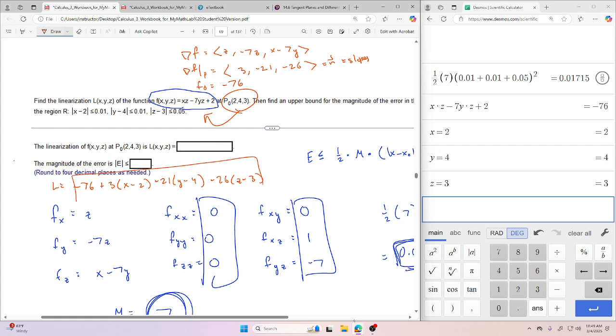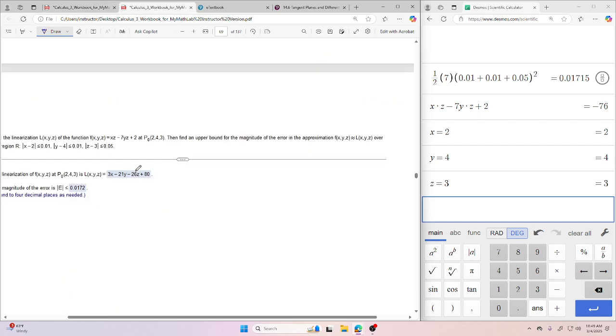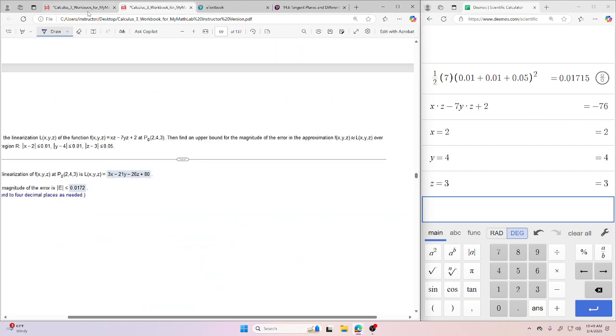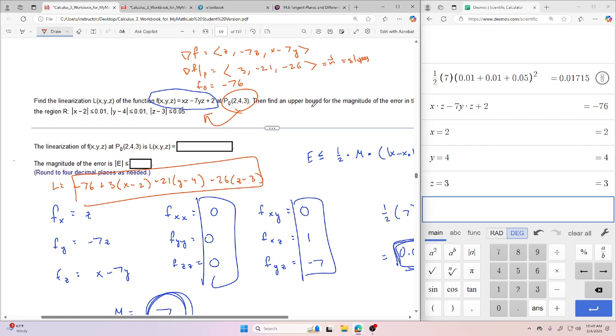That's my answer. Let's just see. Flash it. 3, 21, 26, 80. Would I get about an 80? Is it a negative 80 or positive 80? Positive 80. Notice that we're going to have two negatives make a positive.